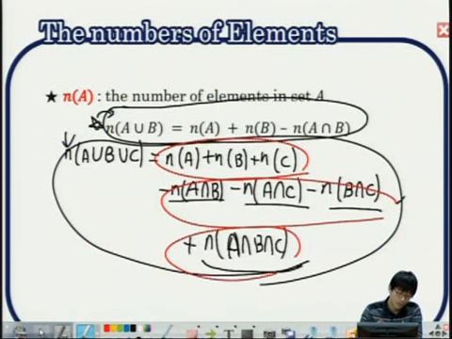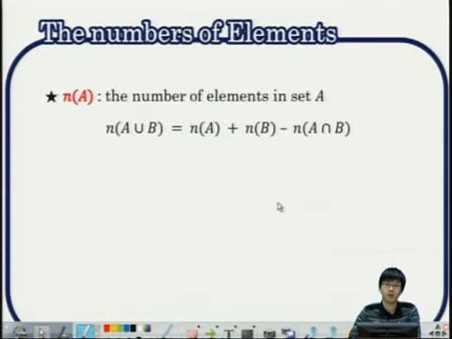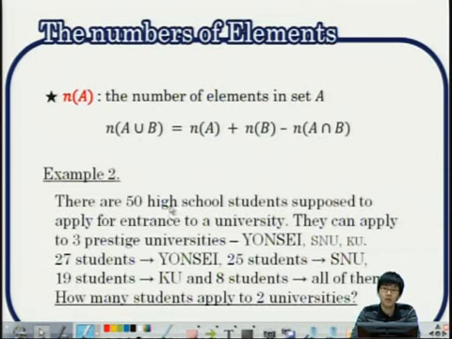And the final example is about this one. So let's see the final example. There are 50 high school students supposed to apply for entrance to a university. They can apply to 3 prestigious universities, Yonsei, SNU, and KU. Welcome to Yonsei.